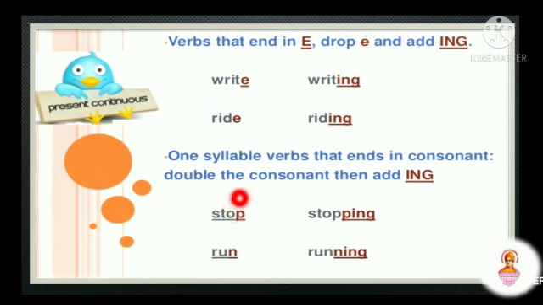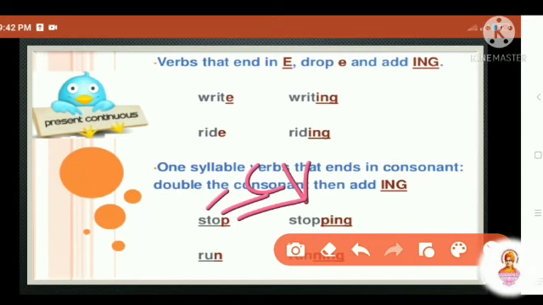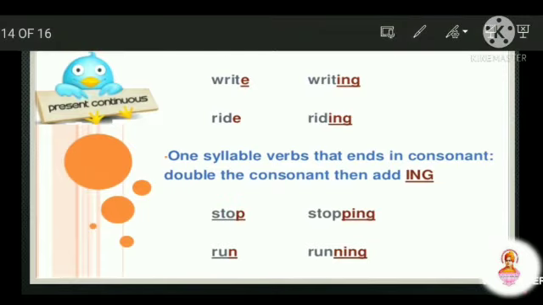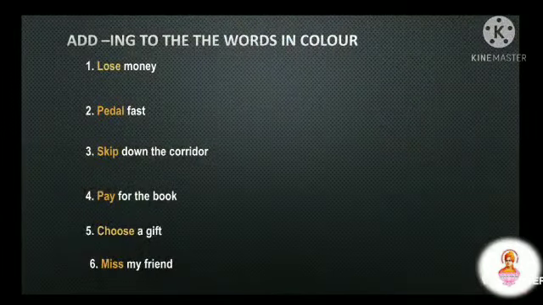If it is CVC, which means consonant, vowel, consonant, you can see this T consonant, O vowel, and then P it is consonant. If it is CVC, you can double this last letter. So stopping. Yes. So like that you can see run, running. The N is doubled.